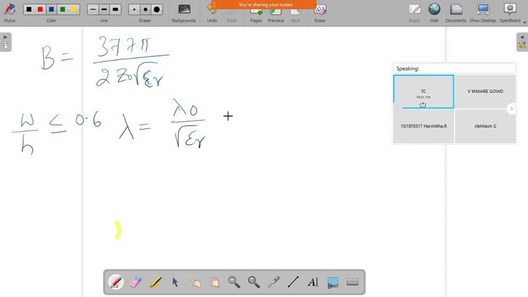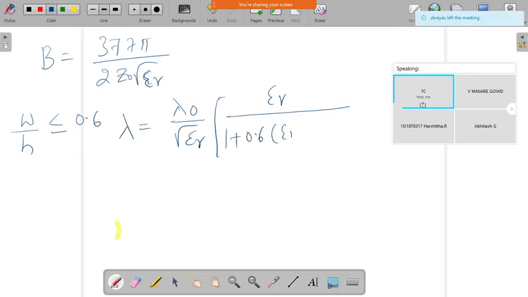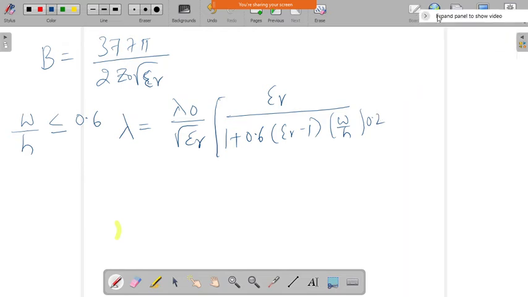So lambda by epsilon r into epsilon r divided by 1 plus 0.6 into epsilon r minus 1 into W by H into 0.2 into 0.0297. Okay, so this is the equation you can use for finding lambda.